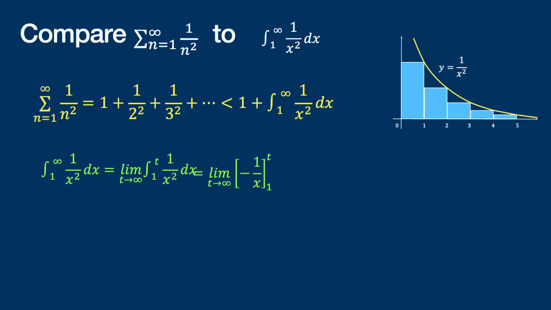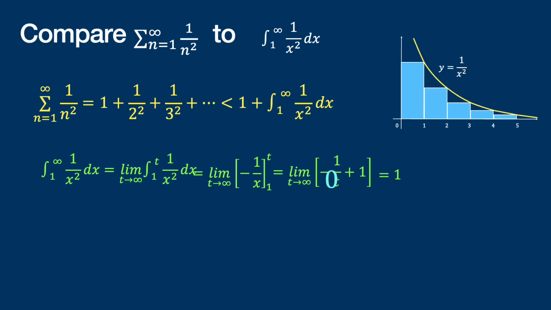I plug in t, I plug in the 1 there. Limit as t approaches infinity of negative 1 over t plus 1. As t approaches infinity, 1 over t goes to 0, so the limit of this is 1. In other words, the improper integral is 1.